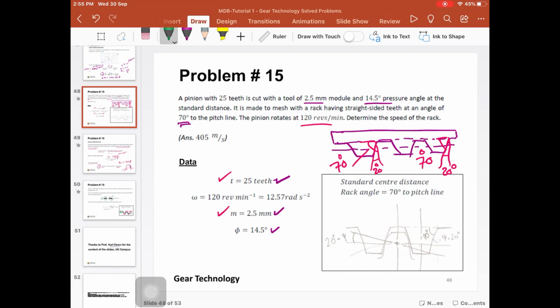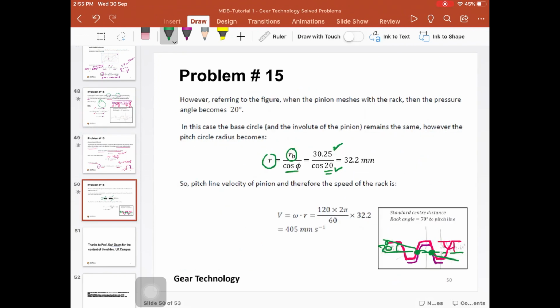We have a pinion that is being cut by a tool that gives us this pressure angle and this module. But here, based on the arrangement, the contact points between the rack and the pinion change. Consequently, they change the location of the pitch circle radius.